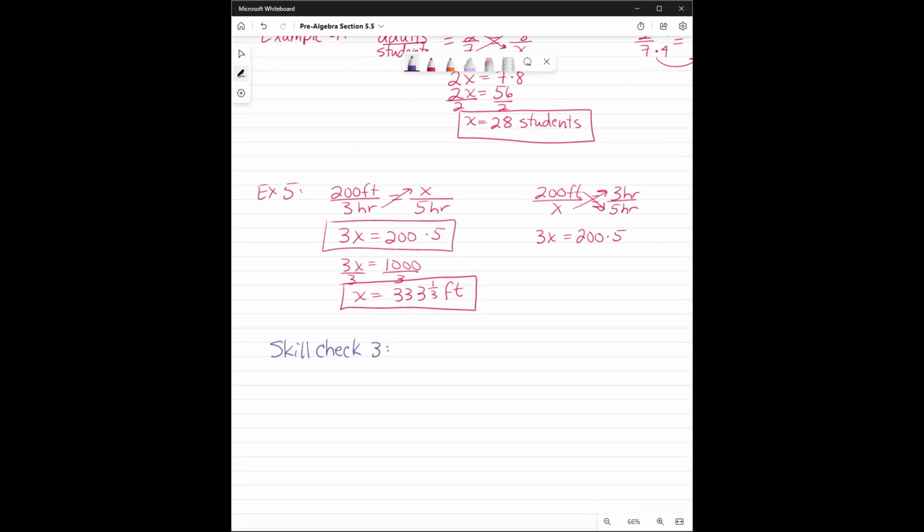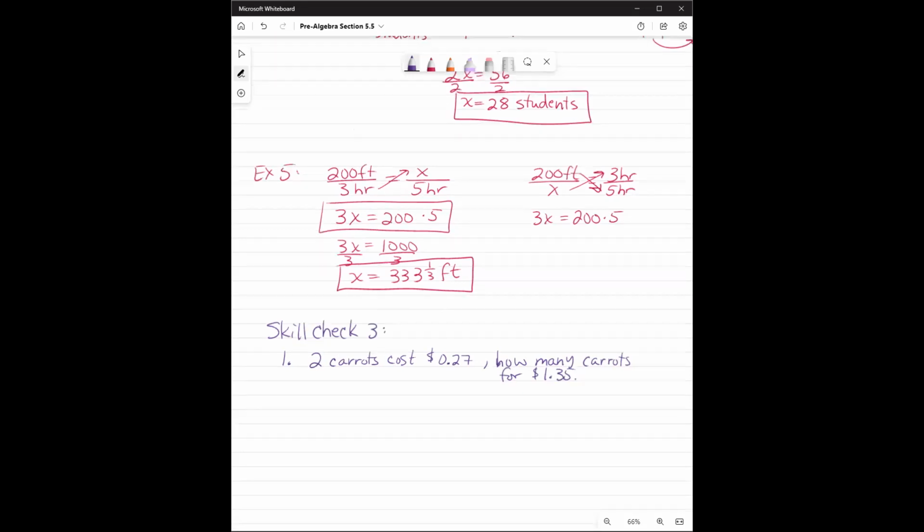So if 2 carrots cost 27 cents, how many carrots can you buy for $1.35? Okay.